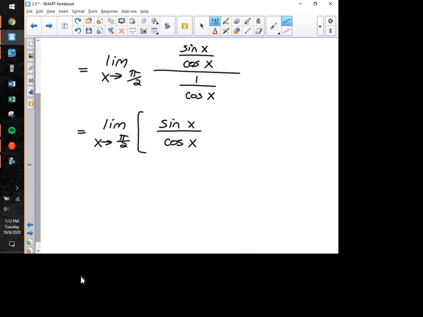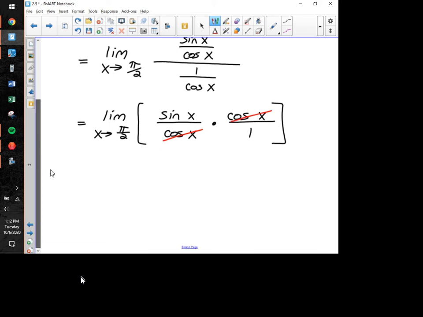And rather than dividing by a fraction, I'm going to multiply that by the reciprocal of that fraction, cosine of x over 1. And now what you probably see already is that the cosine of x on the bottom and the cosine of x on top cancel each other out completely.